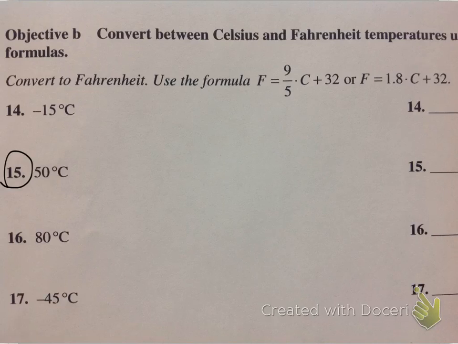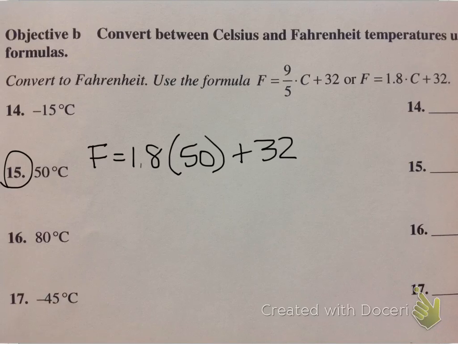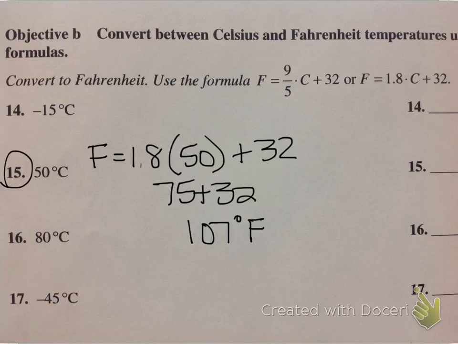I find it easier to use the decimal, so we're going to use Fahrenheit equals 1.8 times our Celsius, which is 50, plus 32. So now I just have to put this in my calculator, 1.8 times 50. Have to do your order of operations. I get 75 plus 32, which is going to give me 107 degrees Fahrenheit.